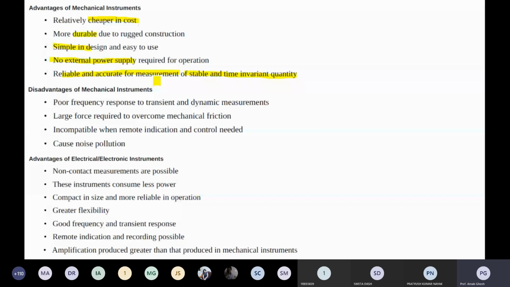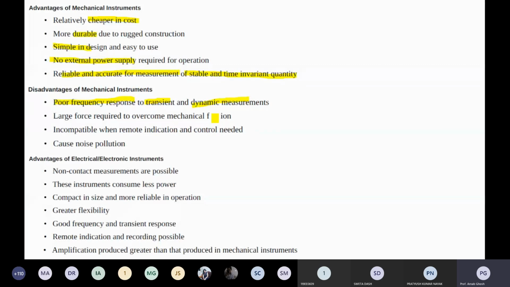Now the most important disadvantage is poor frequency response. Why is there poor frequency response to transient and dynamic measurement? Initially, how is it operating? If you go for repeated results, what happens? Mechanical devices have their own inertia, and every time the input has to overcome this initial inertia.